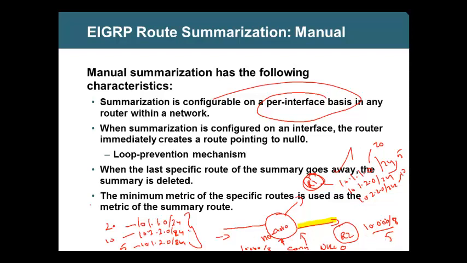Why? These three networks are summarized as 10.0.0.0, but it cannot use 20 or 10 or 5, it cannot use all of them. It can use only one. Which one will it use? It will use the minimum metric of the specific routes. These three are specific routes, not the summary route. The minimum metric of the specific routes is used as the metric of the summary route.